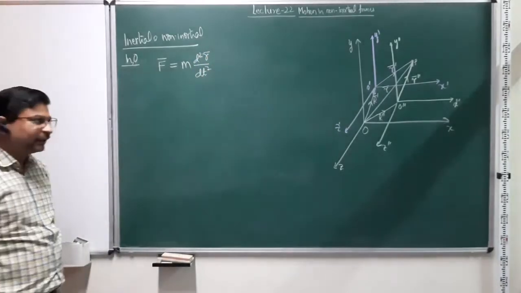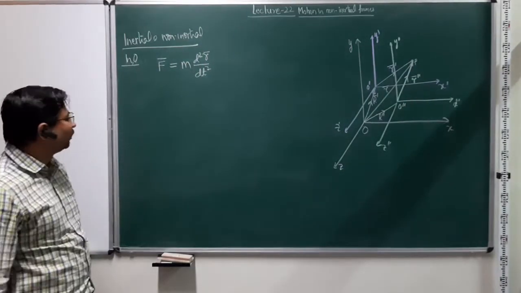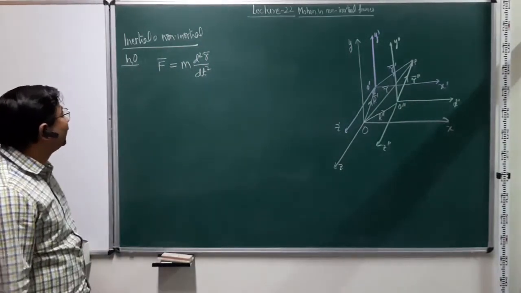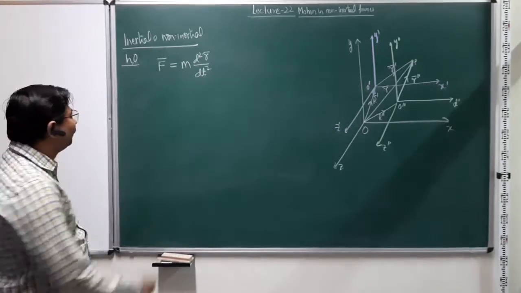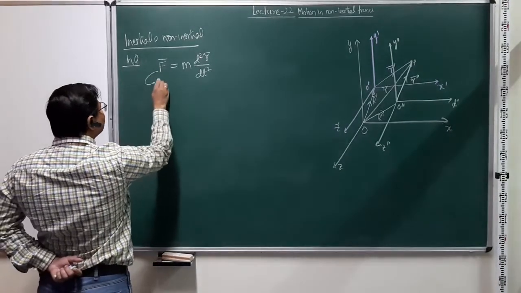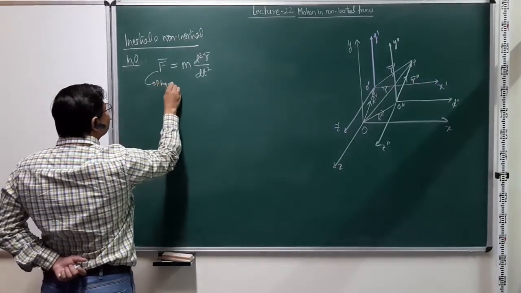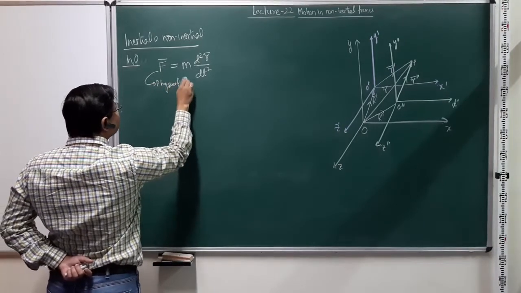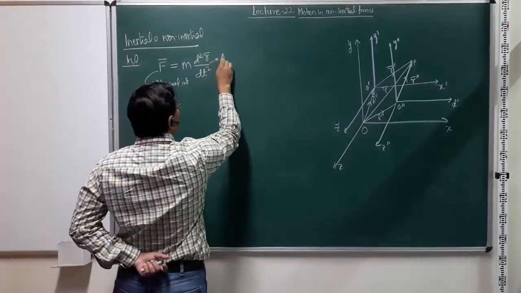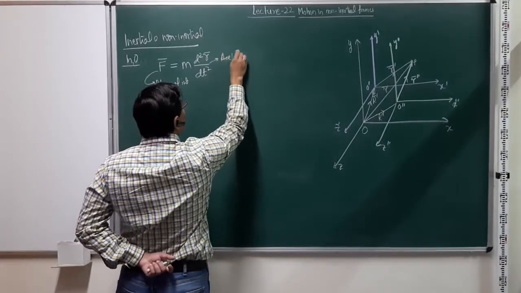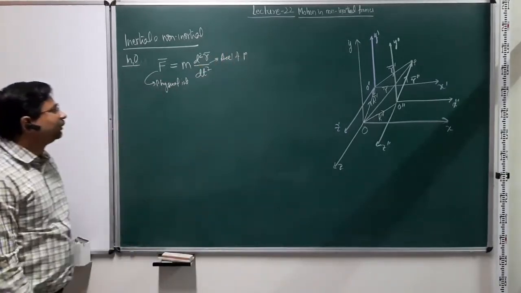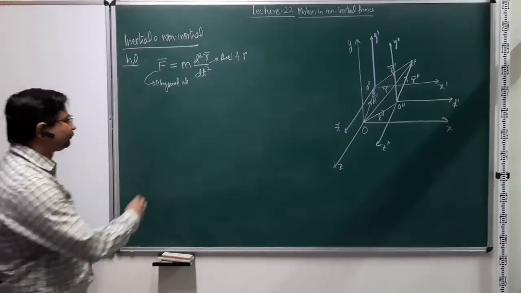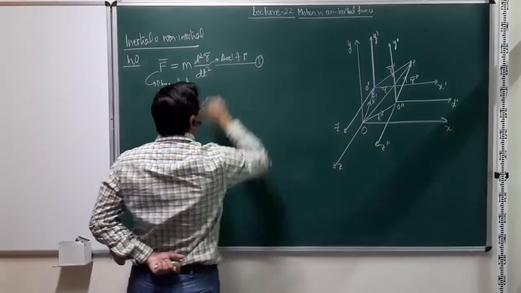This is the fundamental governing equation of motion for the system. So this is the evolution of the system in reference frame O, where F is the physical interaction, and d2r over dt square is just the acceleration of the point P. Let's write it down as 1.